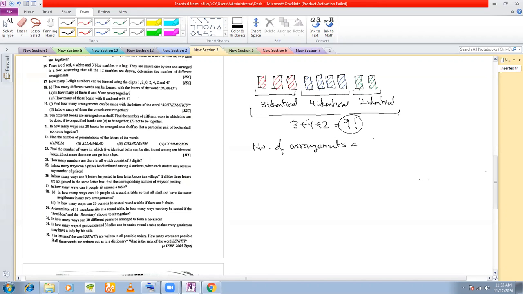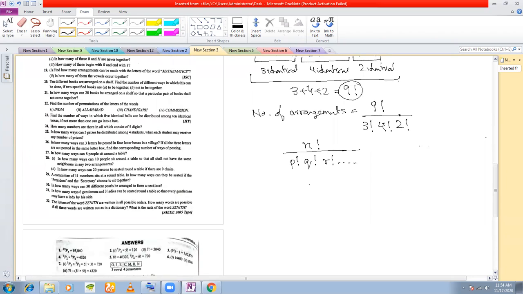There are 9 things in total, and 3 are identical, so you divide by factorial 3. Four identical things, so divide by factorial 4. And again you have 2 identical things. So the formula here is factorial n, where n things, out of which p things are identical, divided by factorial p, q things are identical of the second type, r things are identical of the third type, and so on. This will continue if there are other identical things also.